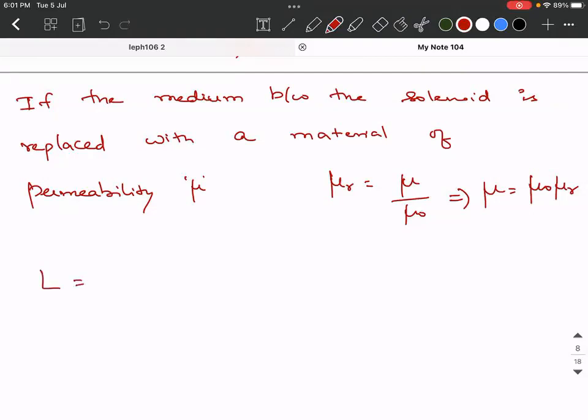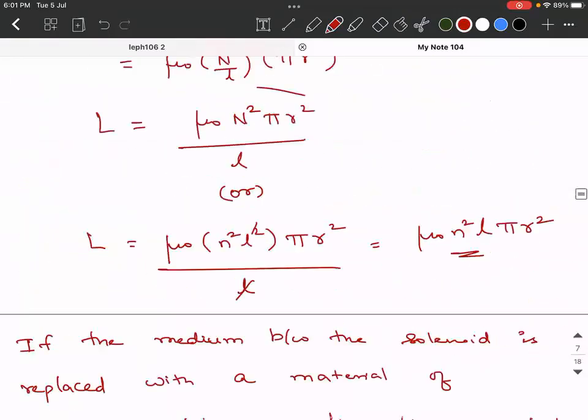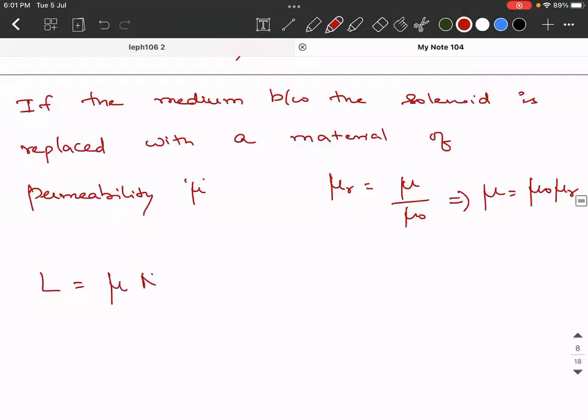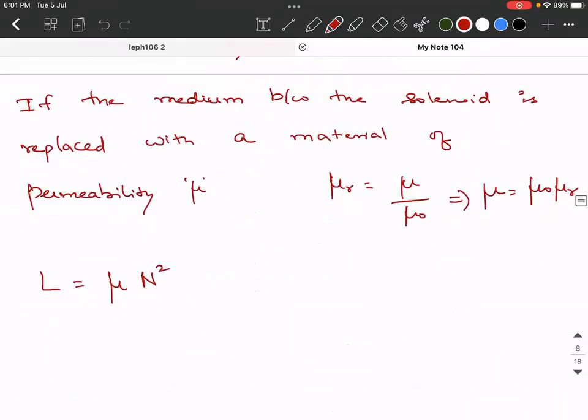So L, what are the 2 formulae that you wrote? You wrote mu naught n square into pi r square divided by L, no? So what are you supposed to do to this mu naught? You should replace it with mu. Why? Because mu naught is the permeability of free space. If that medium is replaced with the material of permeability mu, then mu naught will become mu. So L will be equal to mu into n square into pi r square divided by L. But what is mu?